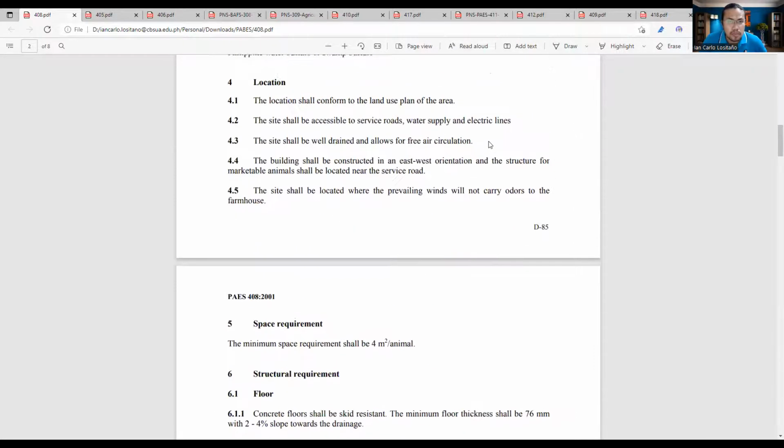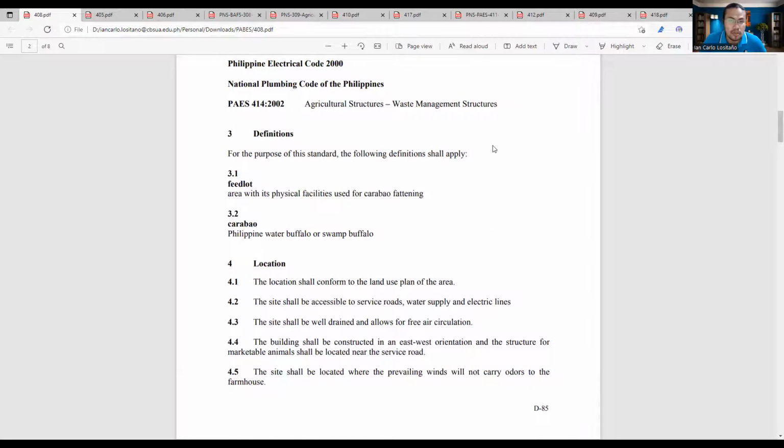So for the definitions, a feedlot is for feeding the carabao so that it is fattened, and it involves also all the physical facilities inside the feedlot. And for those who probably do not know of the carabao, this is the term used to refer to the water buffalo in the Philippines. It's endemic to the Philippines, right?